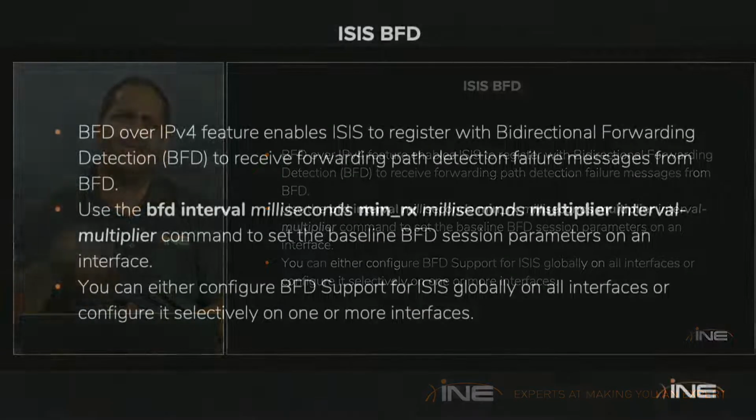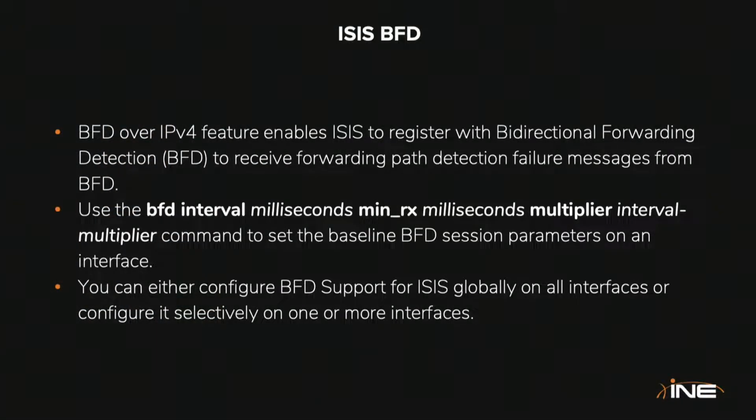So if I give something like bfd interval 50, minimum receive time again 50, multiplier 3, which basically means that I could detect a link failure in approximately 150 milliseconds.